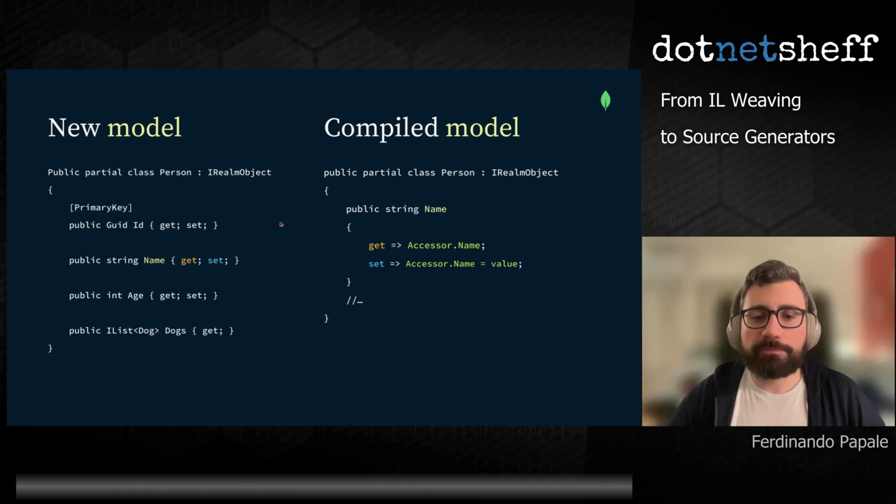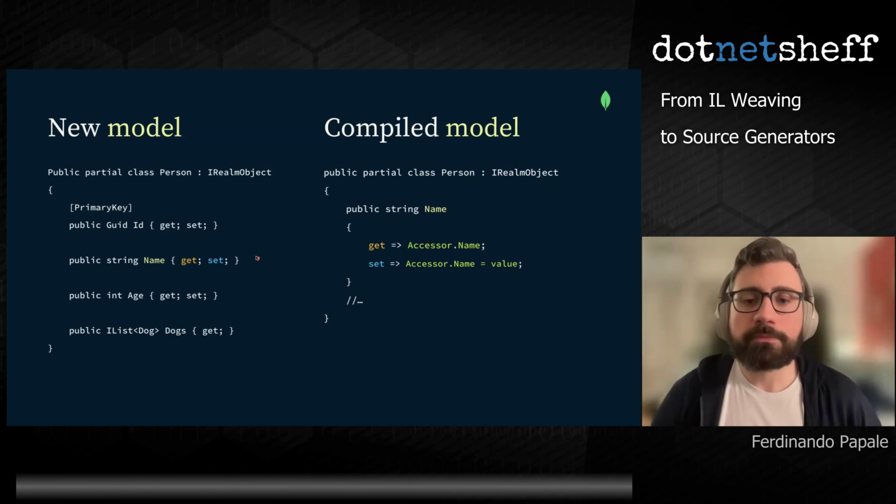But what you see here is 100% what is done by the Weaver, and this is extremely simple because this is essentially just calling the property of the same name on another object, and also this is the same for our property, independently of the property type and independently from the state of the object.